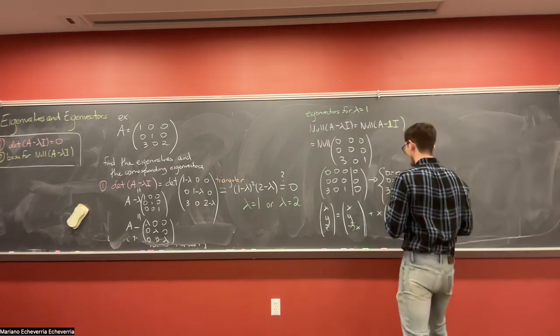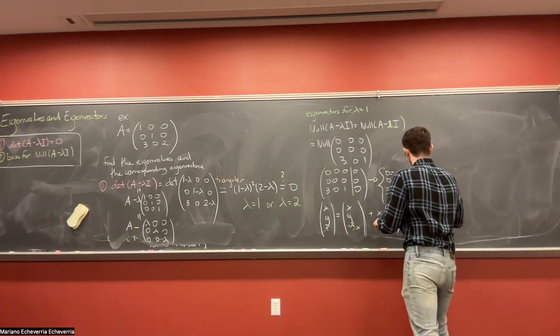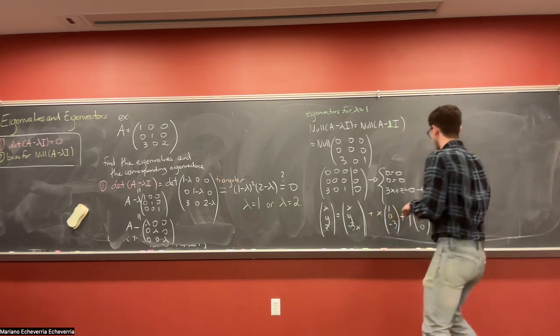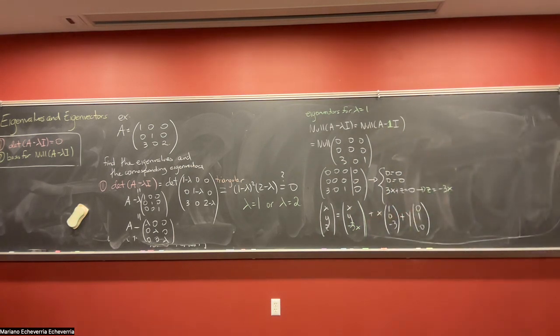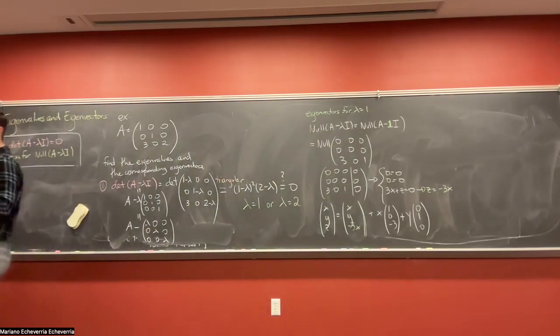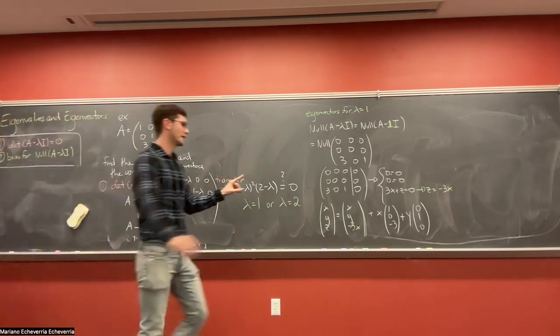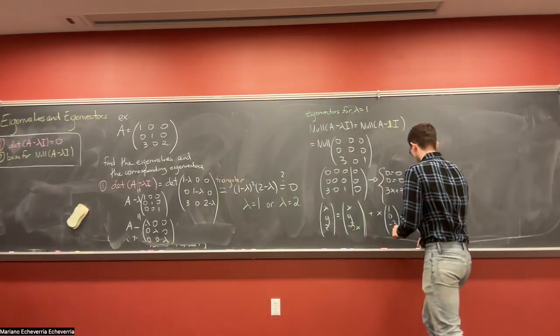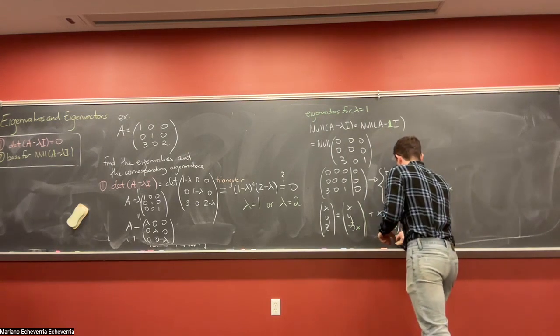And the piece with y is y times (0, 1, 0). What does that mean? Let's call these V1 and V2.